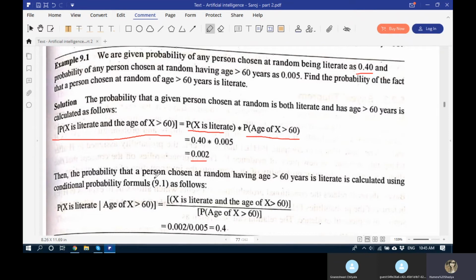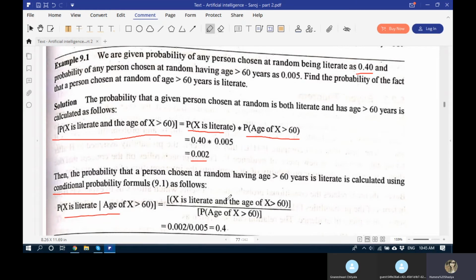Then the probability of a person chosen at random having age greater than 60 and literate is calculated using the conditional formula. Here we have to find conditional probability. Conditional probability means x is literate given age of x is greater than 60.